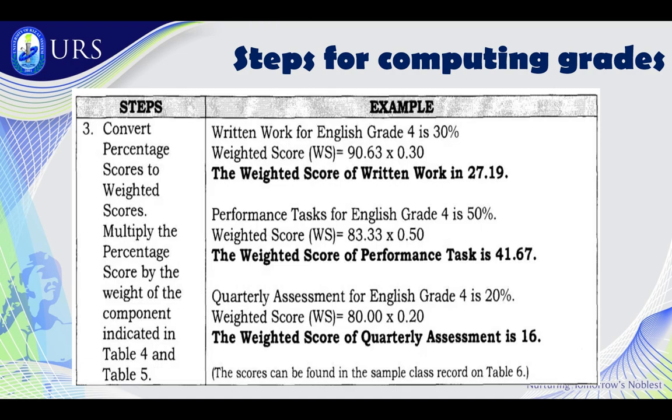So, kung quarterly assessment for English grade 4 is 20% at ang weighted score ng bata is 80, times po natin yan sa 0.20 and makakakuha po tayo ng weighted score for quarterly assessment na 16.